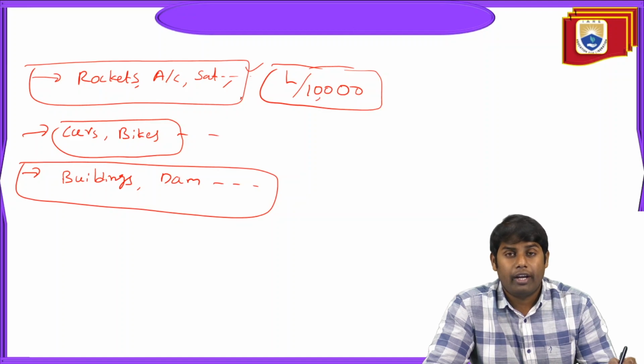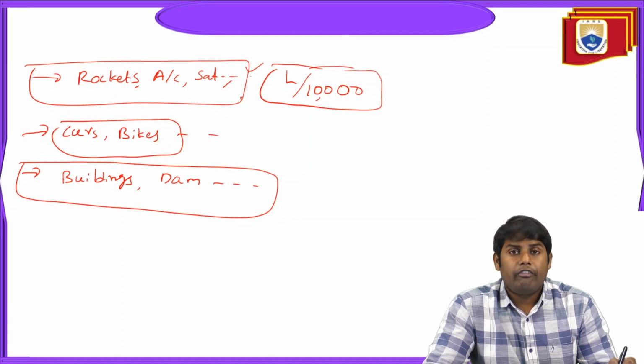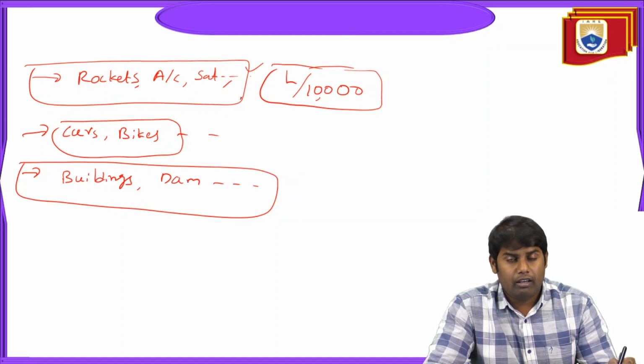Why? Because the rocket will have a length of, let's say, 400 or 500 meters. Based on its purpose, an aircraft will have a certain length, a satellite will have a certain length. So it will not fit in the test section. It will require a large test section, a large amount of space, large human effort, and large cost.